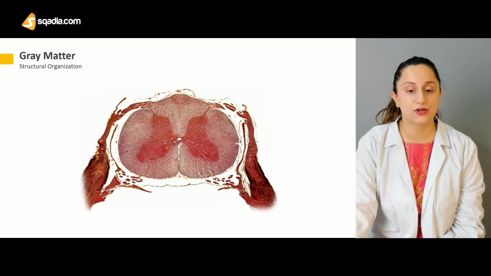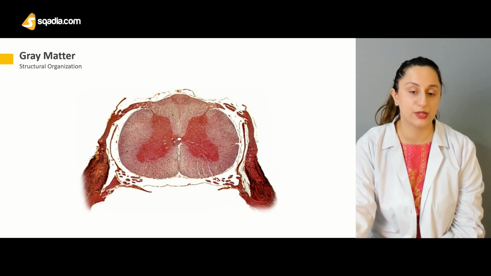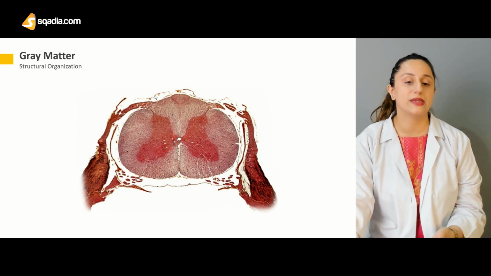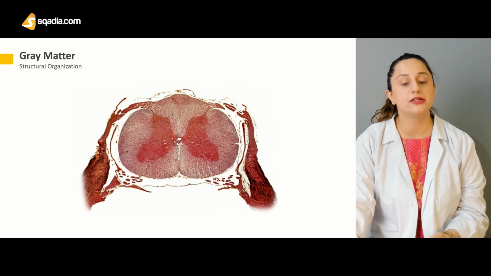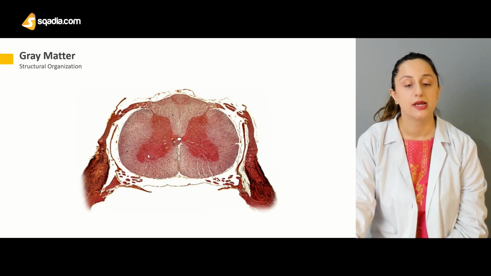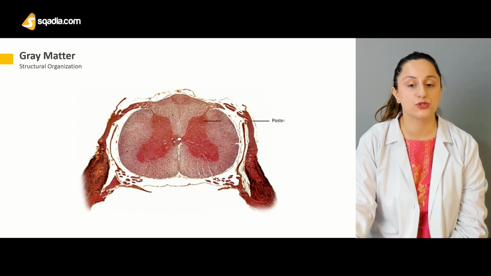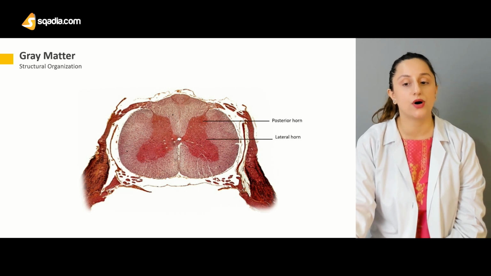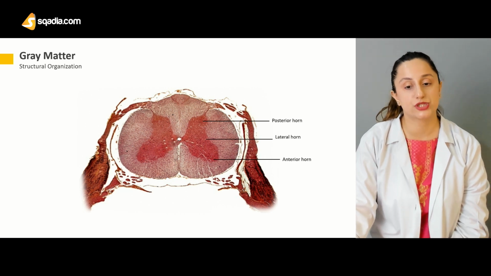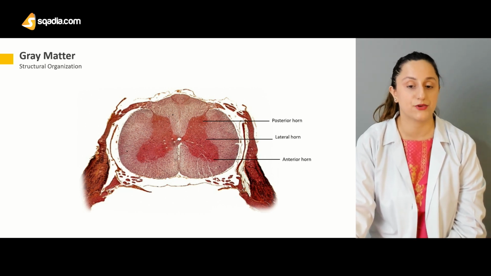This is again a micrograph depicting how it looks. In the gray matter, we can identify the central canal, the anterior gray commissure, the posterior gray commissure, and the anterior gray horn. So this is the posterior horn, we have the lateral horn, and then the anterior gray horn, which can be identified in a micrograph.